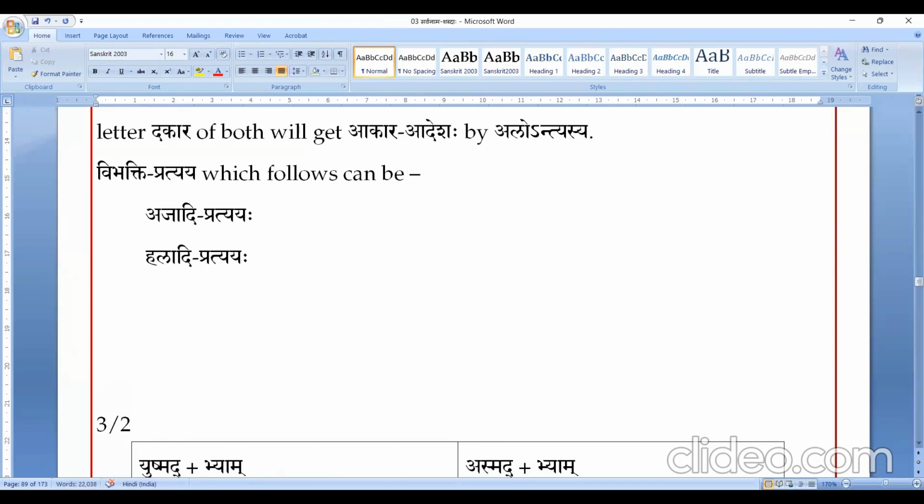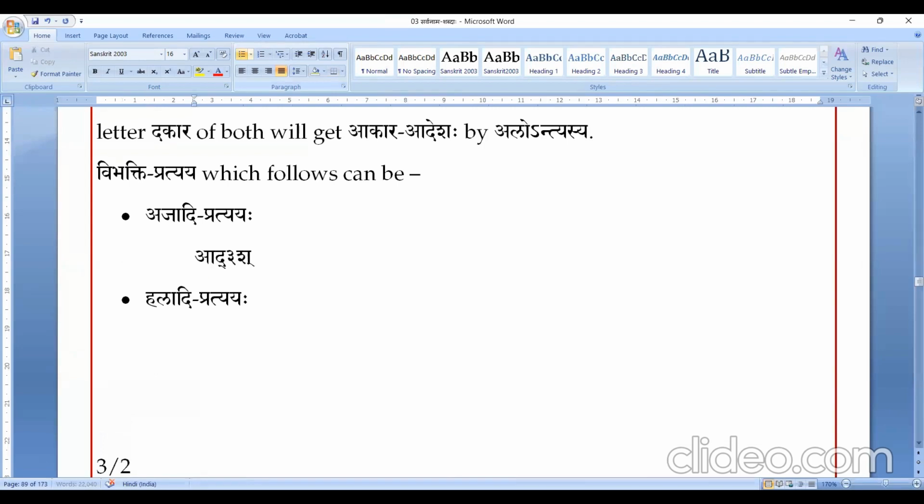Vibhakti Pratyaya which follows can be Ajadi Pratyaya or Haladi Pratyaya. Now, Ajadi Pratyaya can be, that also we have two types. That is Adesha, I will write like this. Adesha Ajadi Vibhakti Pratyaya.